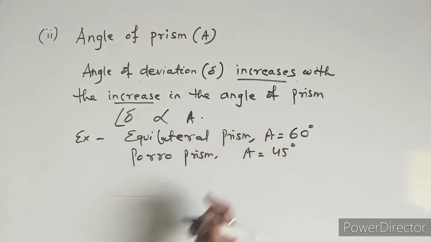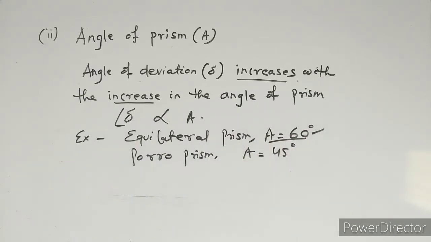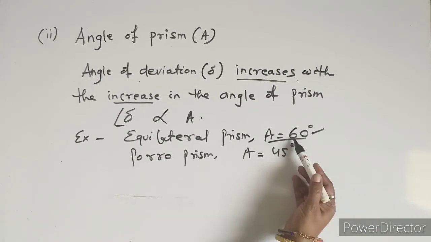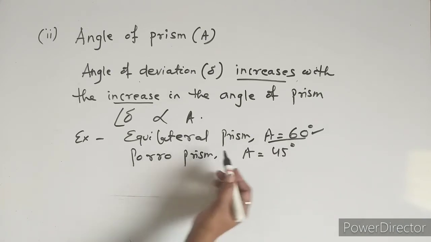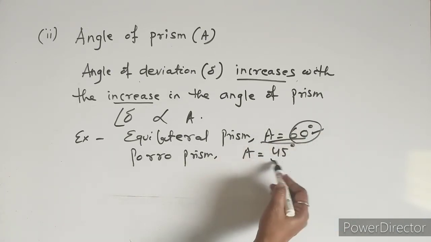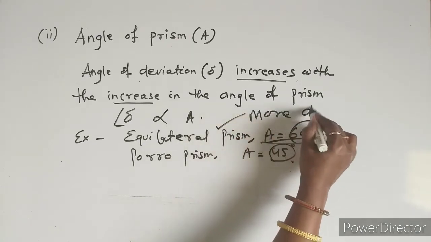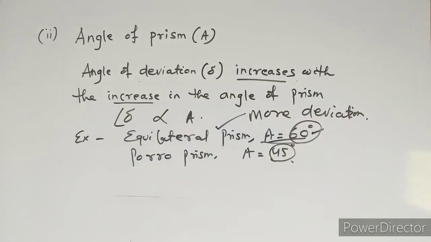In both cases, as 60 degree is more, what we can say is the equilateral prism produces greater deviation than that of this prism. Here, as A is 60 degree and this one is 45 degree, this one will produce more deviation. Angle of deviation will be more.